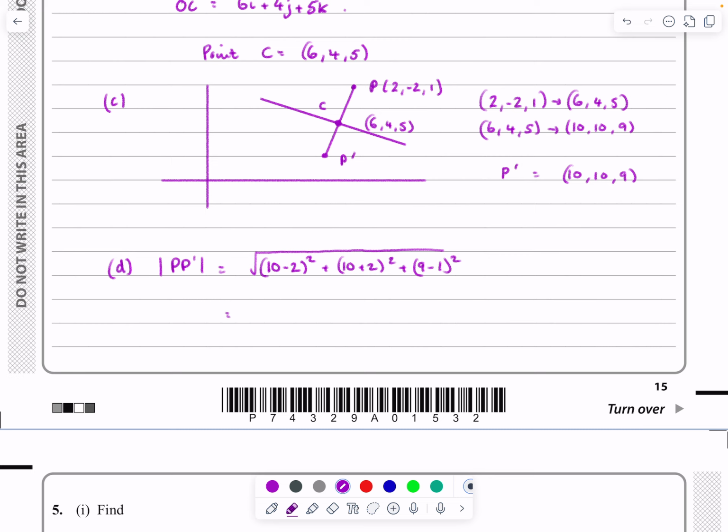And if you work that all out, that works out to be square root of, what have we got there? 64, 144, and 64 again. Okay, that's root 272. Stick that into the calculator, and that comes out to be 4 root 17.